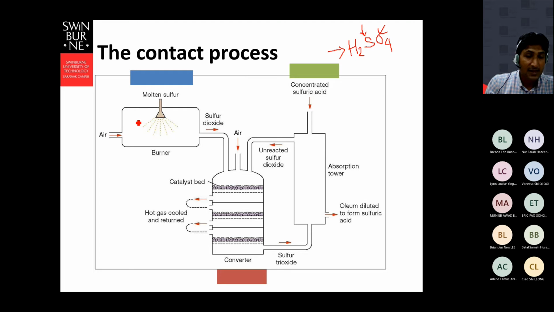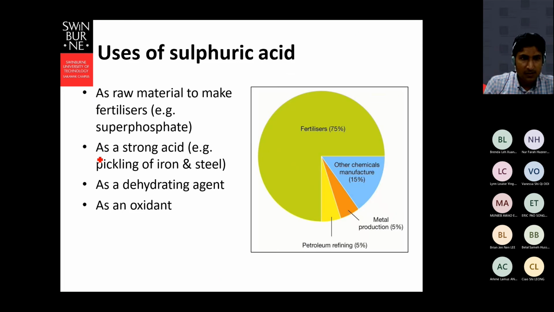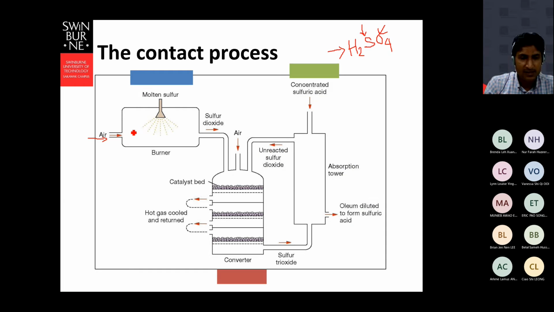So the molten sulfur is melted first at high temperature, and then it is sprinkled from the top. In another chamber, the air is coming in, pushed at a high force. When the molten sulfur comes down, it mixes with the air, and sulfur dioxide is produced.